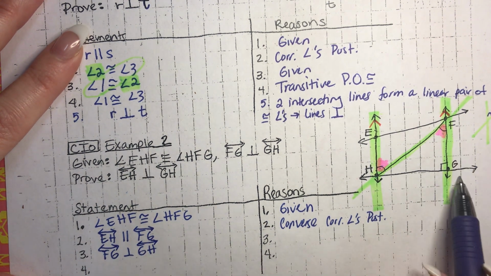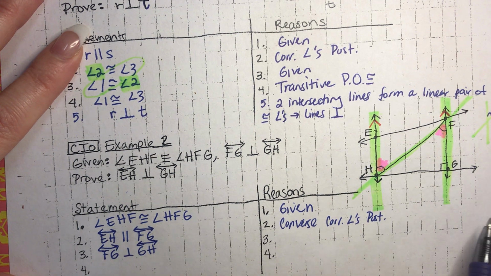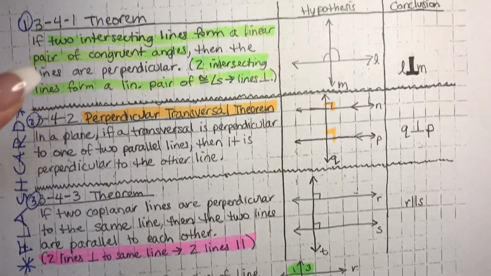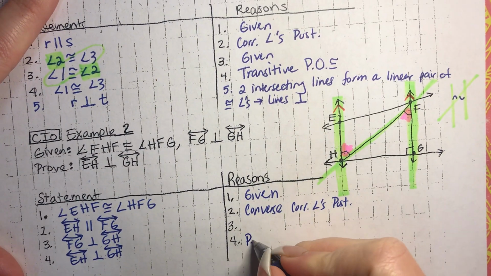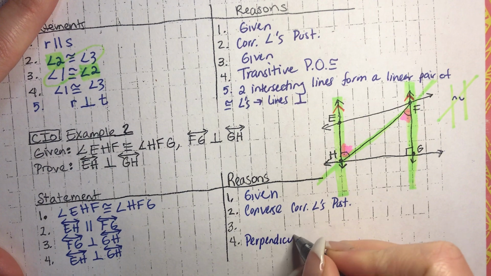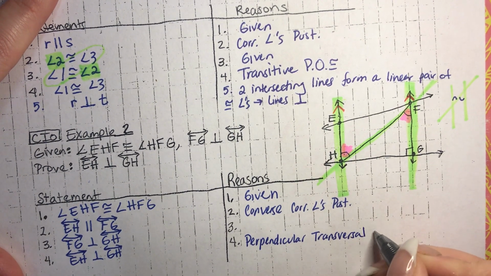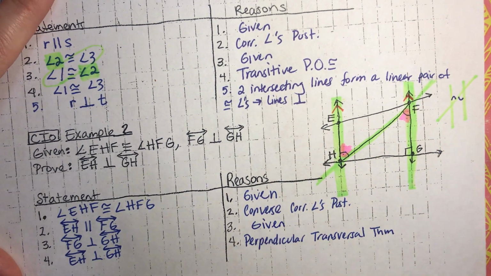And because FG is perpendicular to GH and these two lines are parallel, which we just stated there, we can prove that line EH is perpendicular to GH by the perpendicular transversals theorem. Oh, perpendicular transversal theorem. I think I got so excited I forgot to write that this information is given.